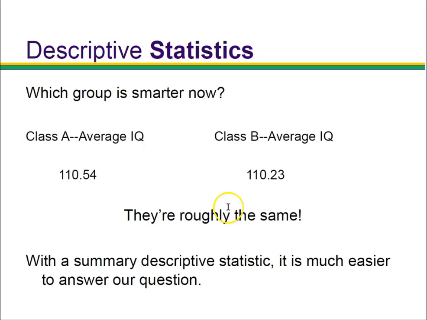When you look at this specific example, if we get the average IQ for both groups, we get almost the same number. So with the summary descriptive statistics, it's much easier to answer the question and determine that there's no statistically significant difference, as we will call it later, between the two groups.